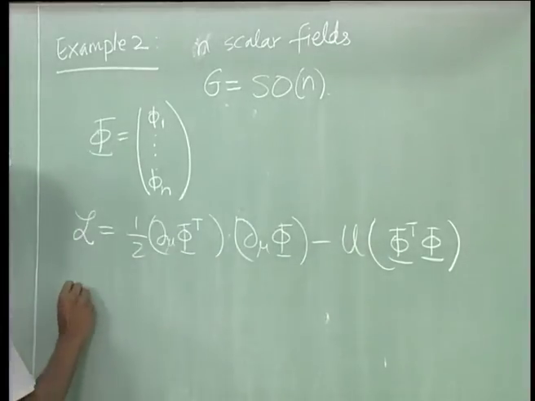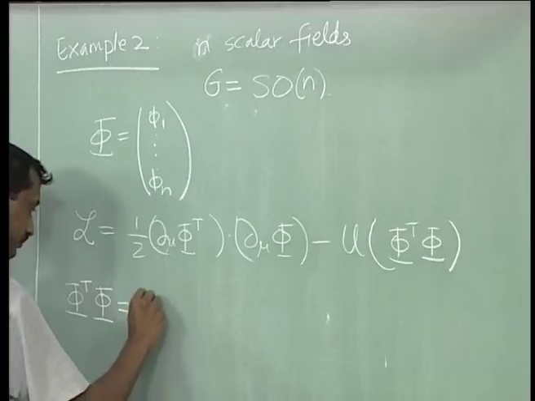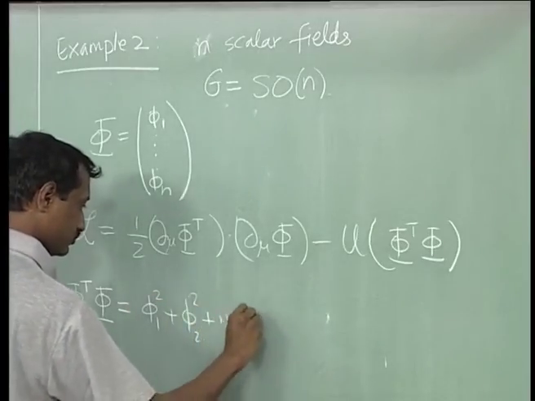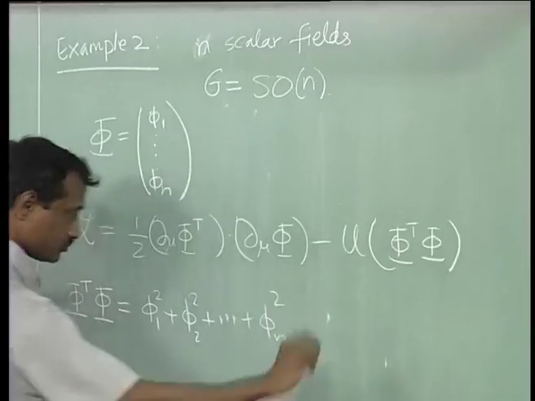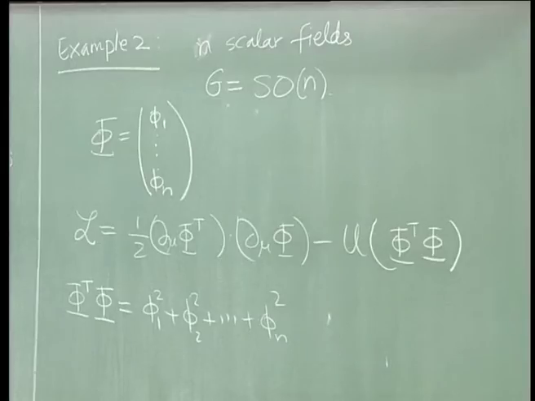It is just... okay. SO(N) is a set of transformations which keeps this sort of combination invariant.